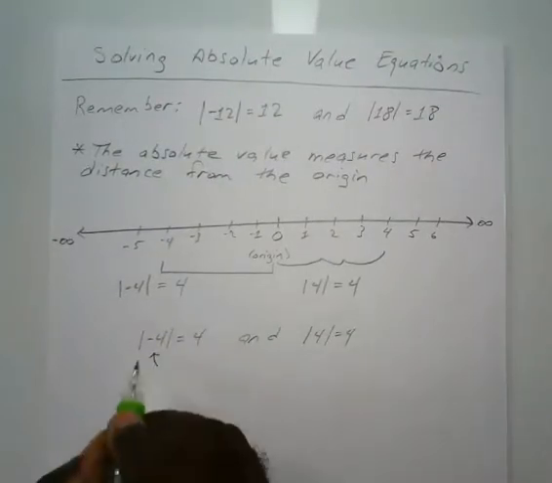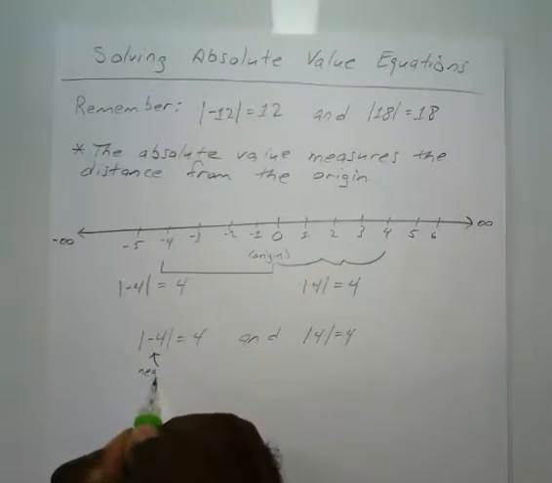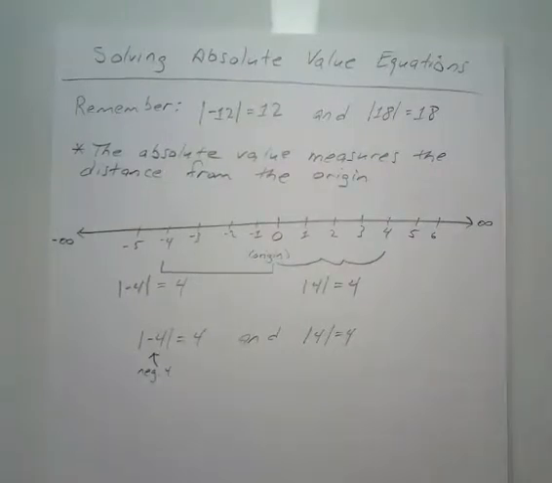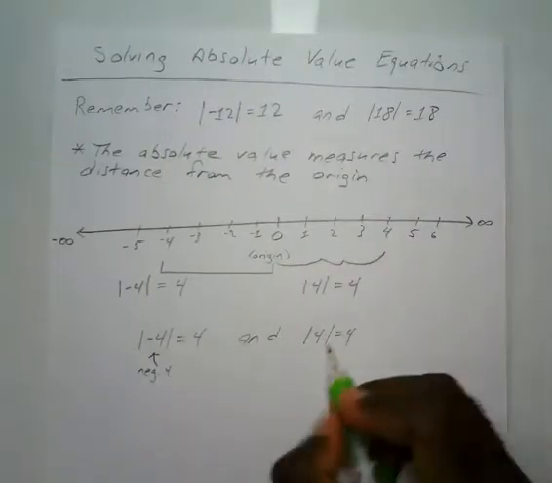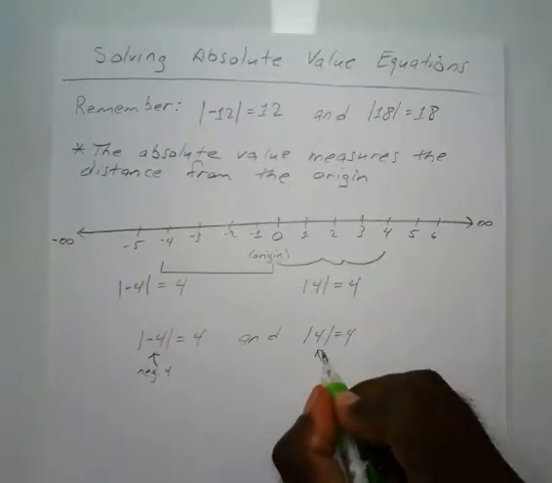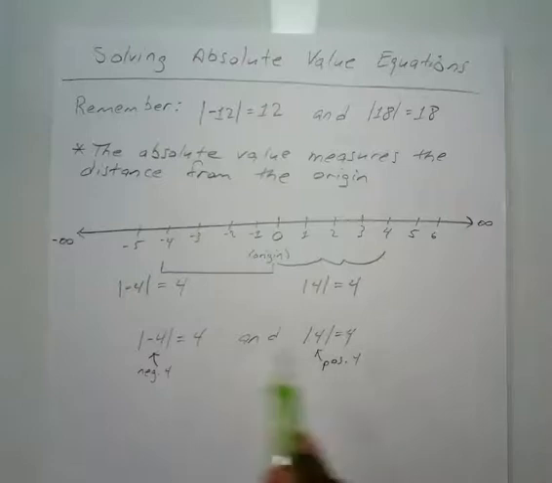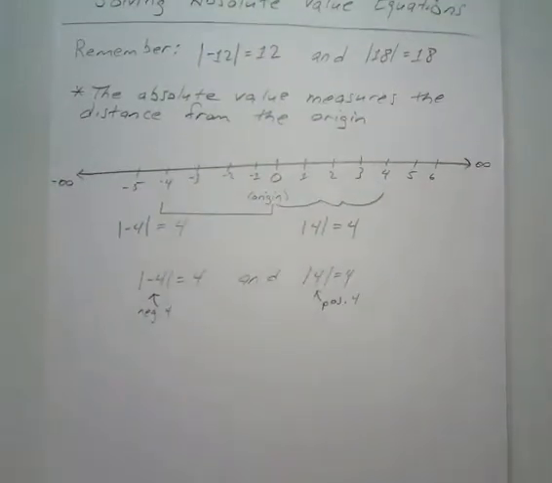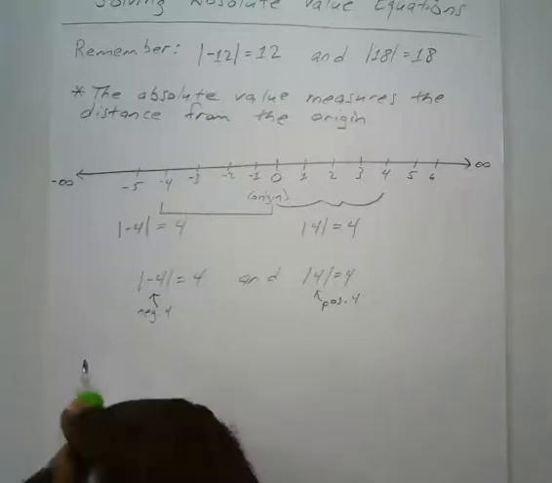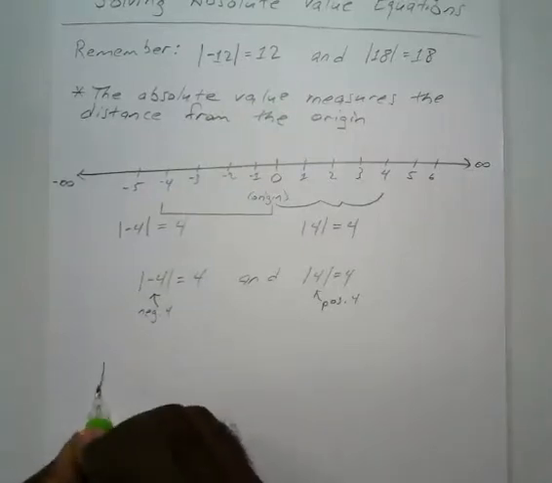So this lets us know that it could be either a negative 4 or a positive 4 inside the absolute value bars, and we'll still get the same answer. That general idea gives us our formula.